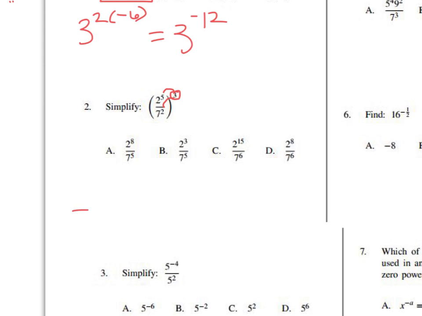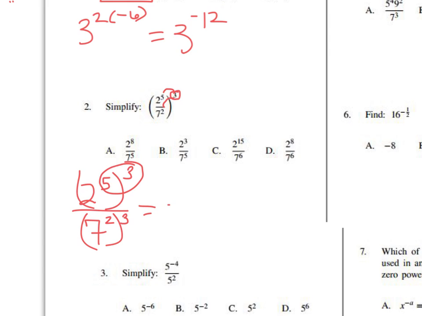So I'm going to rewrite that: 2 to the 5th cubed and 7 squared cubed. So this is 2 rules, isn't it? Then I'm going to multiply. 3 times 5 is 15. And 2 times 3 is 6. Which answer choice does that match? C.